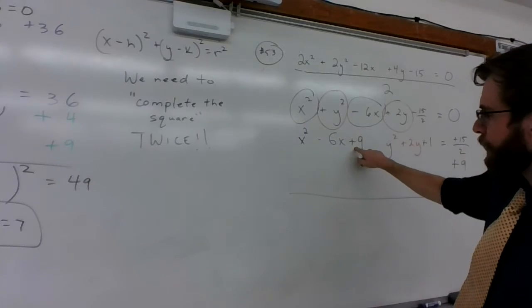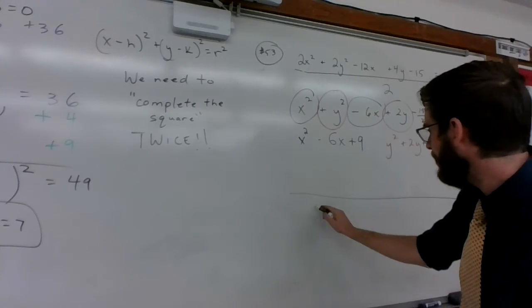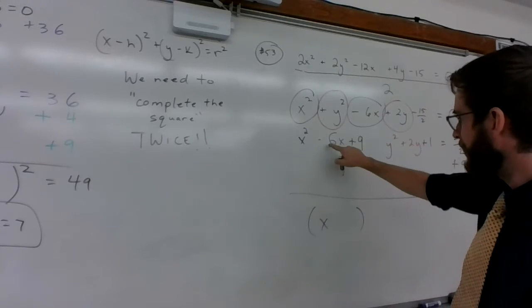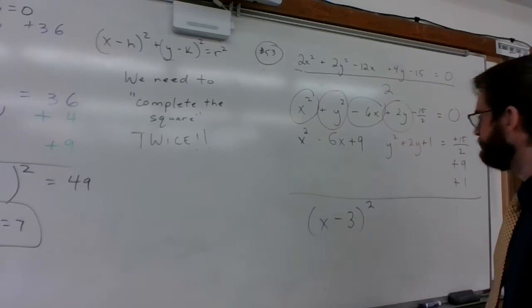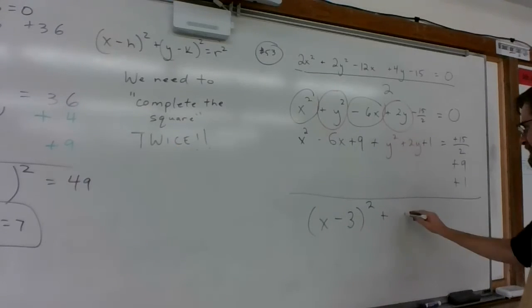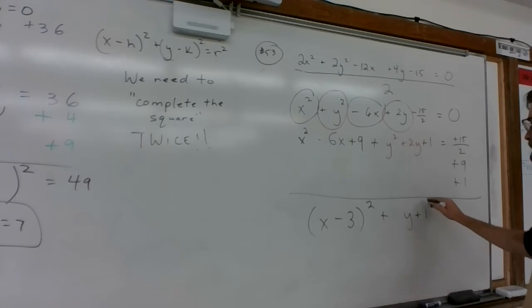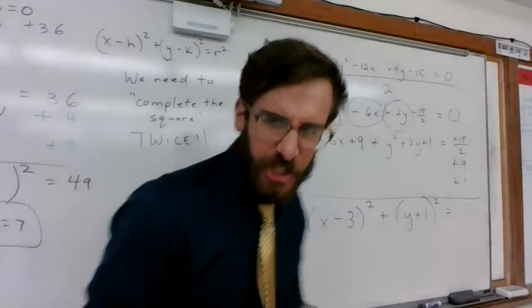So the perfect number was middle divided by 2 squared. The perfect square factoring is middle divided by 2 squared. And this ends up being like 17.5-ish.